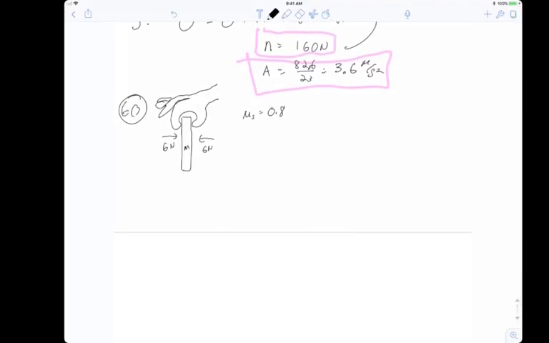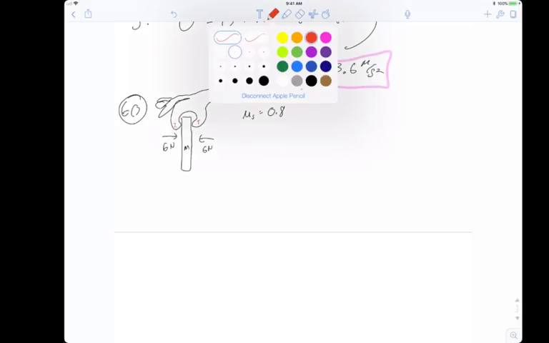So the deal here is that I'll call this the thumb, and I'll call this the index finger. Okay? Both of these are applying a force to the object. What's the object here? The object's the book. Both of them are applying a force to the object. Both of them will also apply a friction force to the object. So which object are we talking?